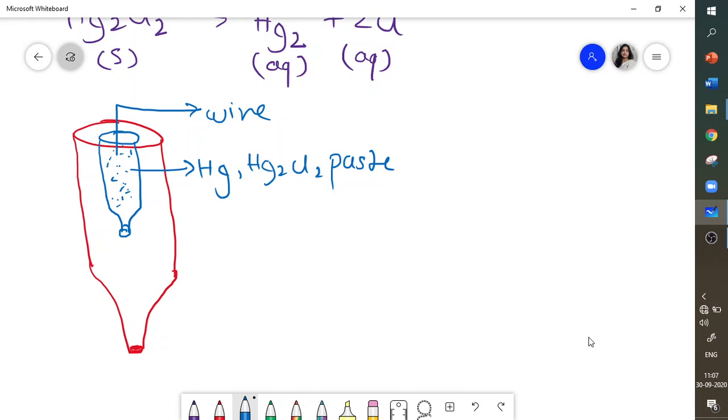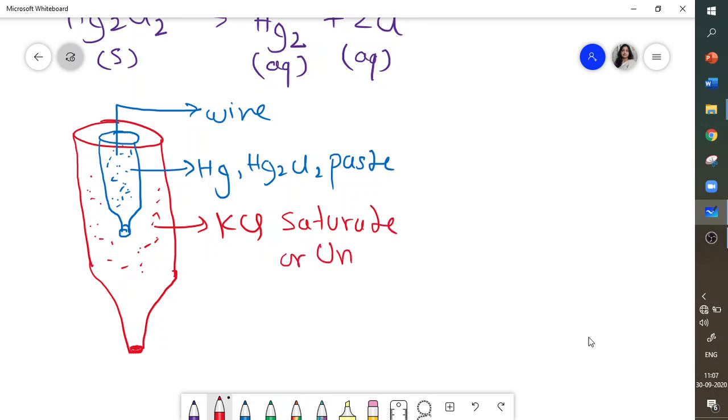And on the outer side we have KCl solution. The KCl solution can be saturated or unsaturated depending upon what type of electrode you want. From this point chloride ions can flow inside and outside the blue tube.